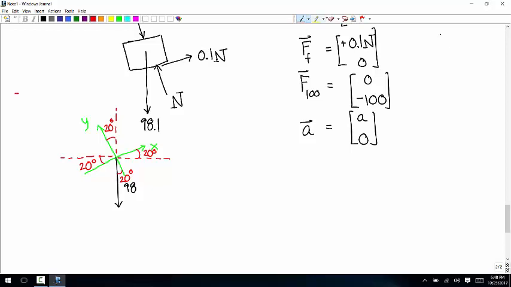But the one we care about is this, because what we're trying to do is figure out the angle to get from the positive x-axis to the weight force vector. Remember, that's how you calculate vector components in any coordinate system.